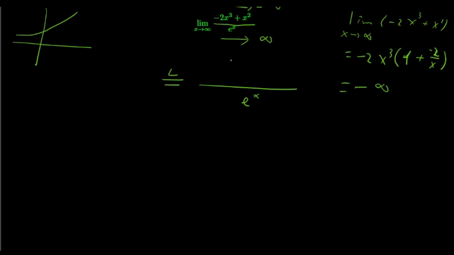Now the power rule. The derivative of the numerator, you have negative 6x squared, then plus 2x. So watch me please.